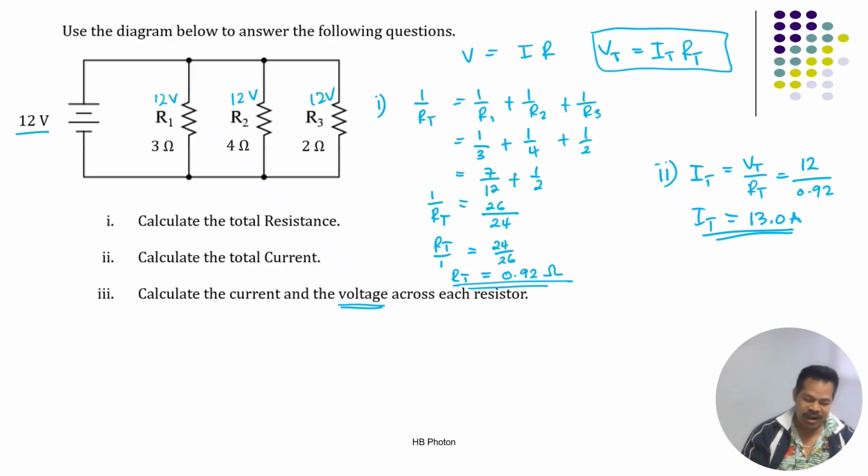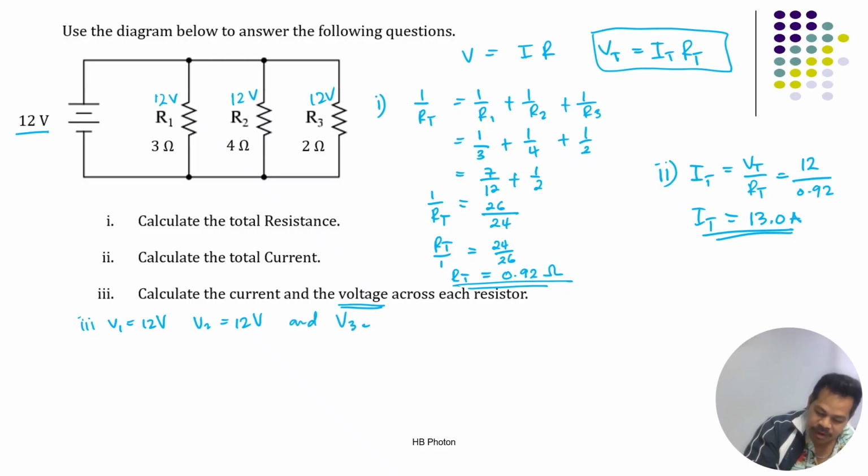Now V1 is equal to 12 volt, V2 is equal to 12 volt, and V3 is equal to 12 volt. For the current, in a parallel circuit the resistors share the total current.